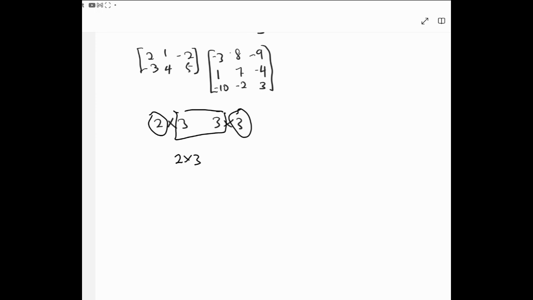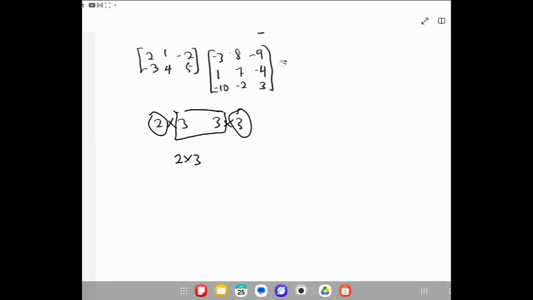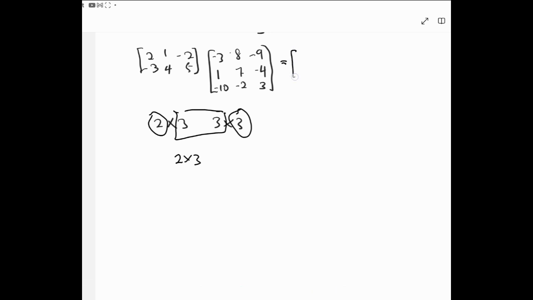So just to make it clear, multiplying these two will give us 2 times 3.